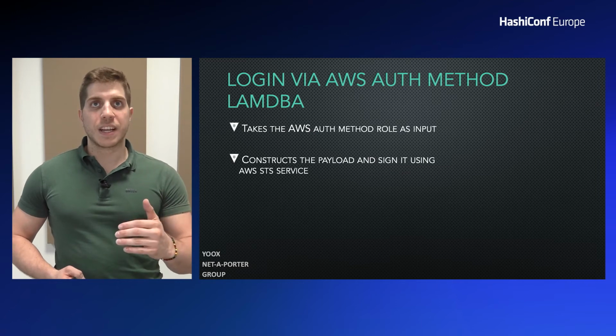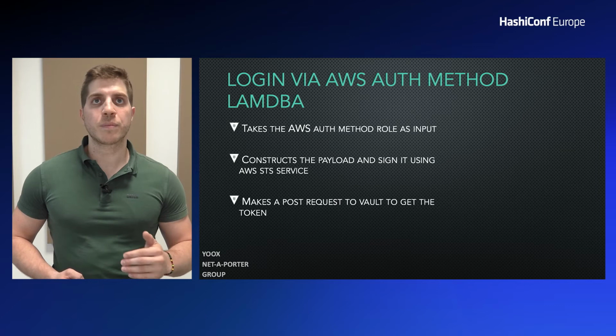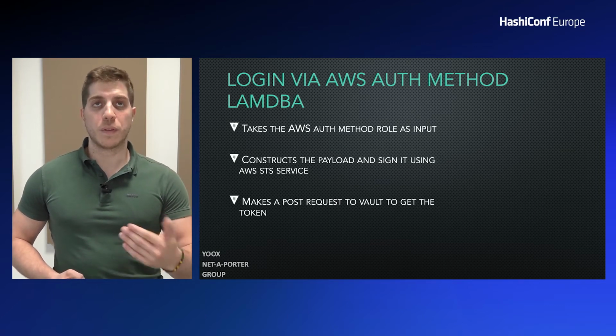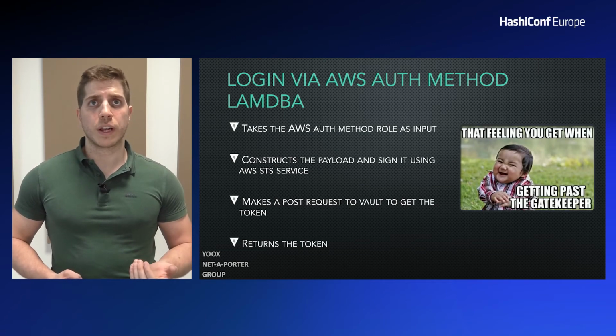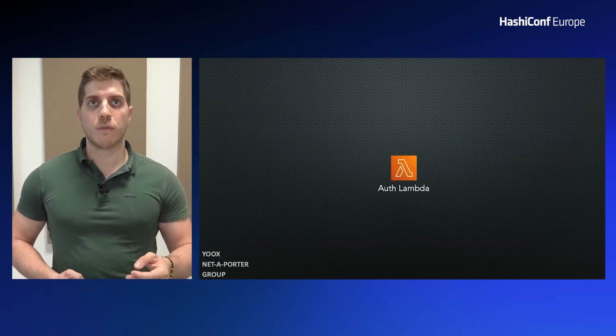Then it will sign the payload using the AWS STS service. It will make a request to Vault to authenticate, and then it will return the token. So the calling Lambda will be able to interact with HashiCorp Vault.